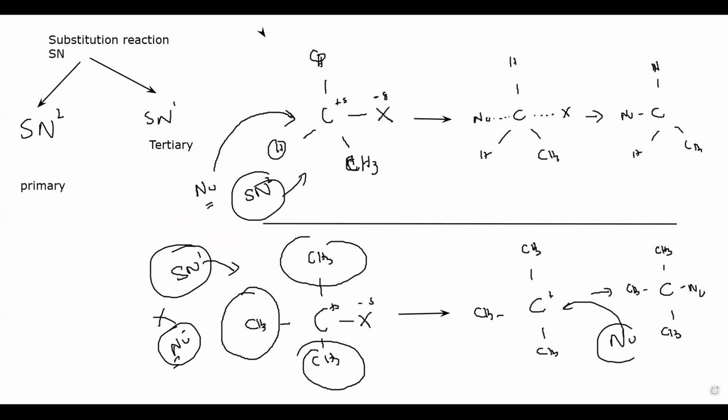So if I draw the structure to show this substitution, any halogenoalkane is there. So nitrogen is having a lone pair.